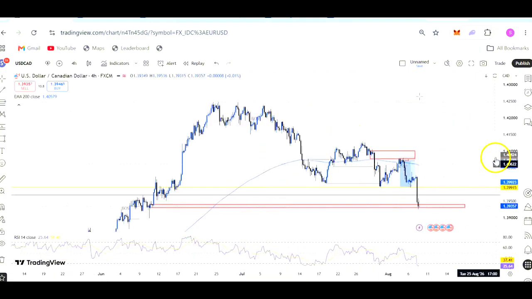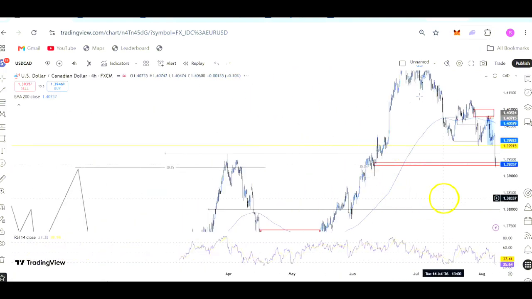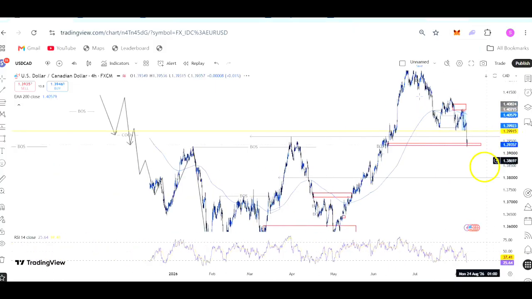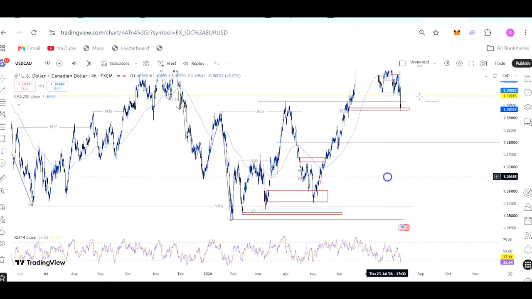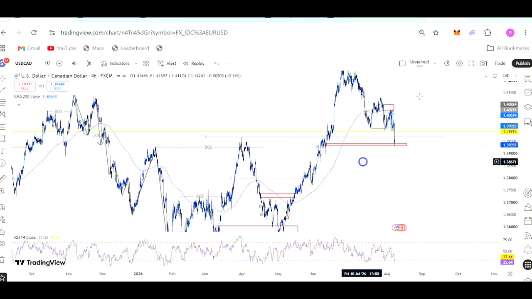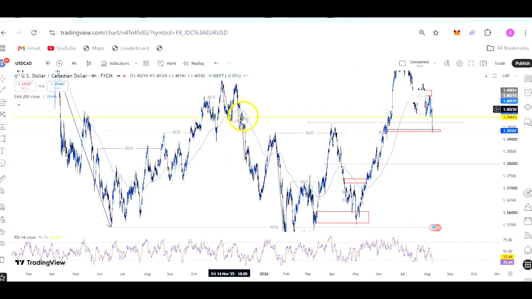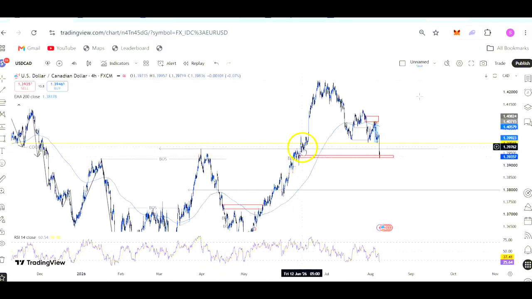From this point here, one thing we can see is USDCAD has been running in an uptrend. Now you can see I marked down the structure to this point here, and you can watch my video on market structure. If you want me to make another video, I'll also make one. Now from this point here, trending down, this is the 4 hour time frame, you can see we have a clear break of structure at this region to the upside.